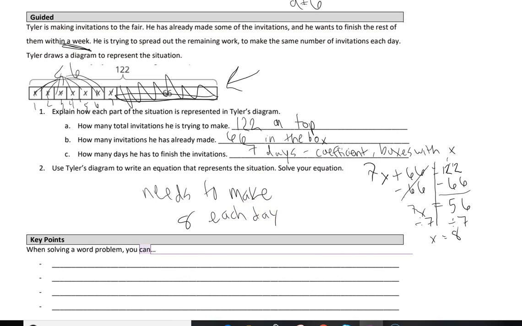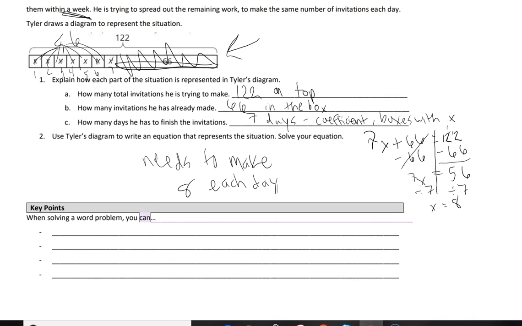All right, you guys. So this lesson really is all about using the tape diagrams to help make your equation so that you can solve the problem. So thinking about that, I just want you guys to remember you can always draw a tape diagram. If you prefer the hangers, you can always draw a hanger.